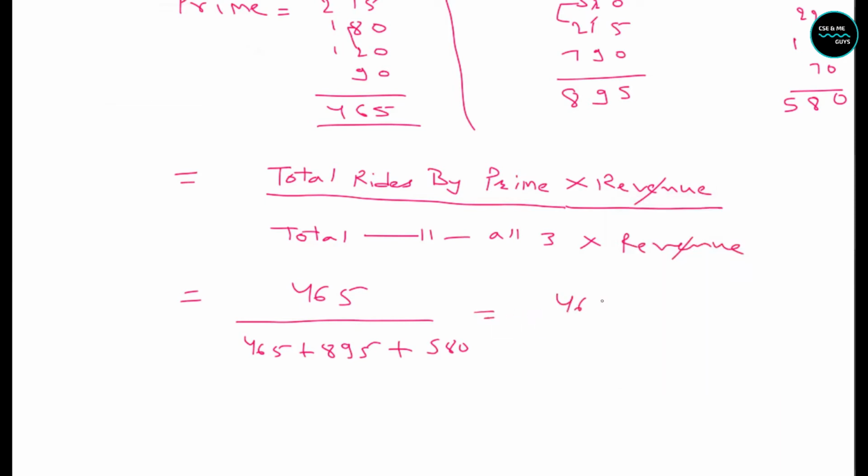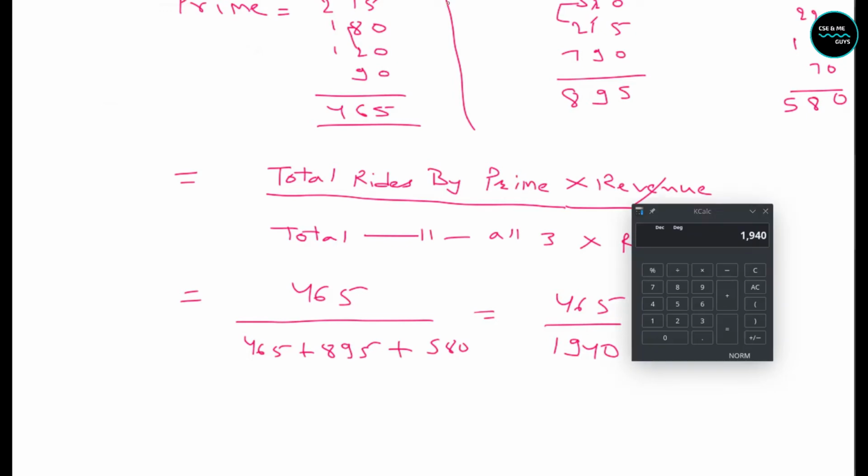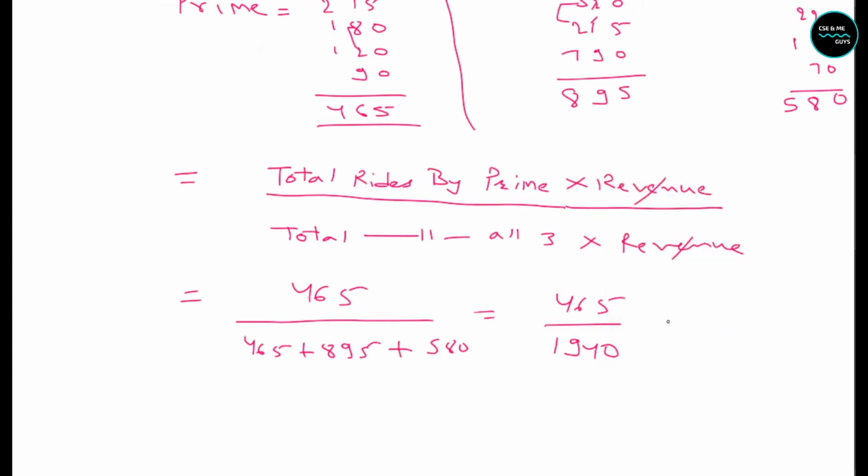So it will be 465 by 1940. And for this too, I'll use the calculator. We are left with 0.2396.